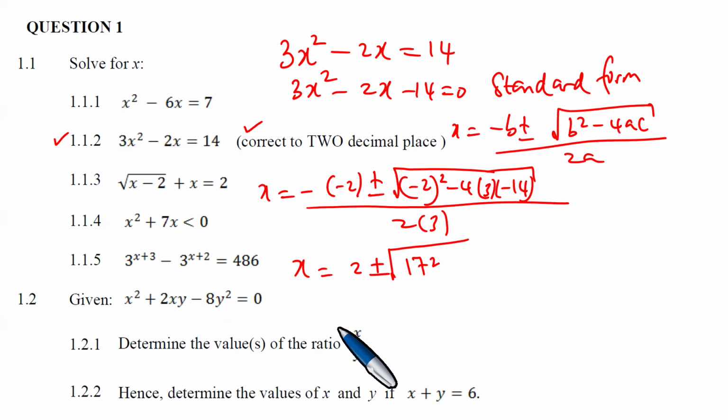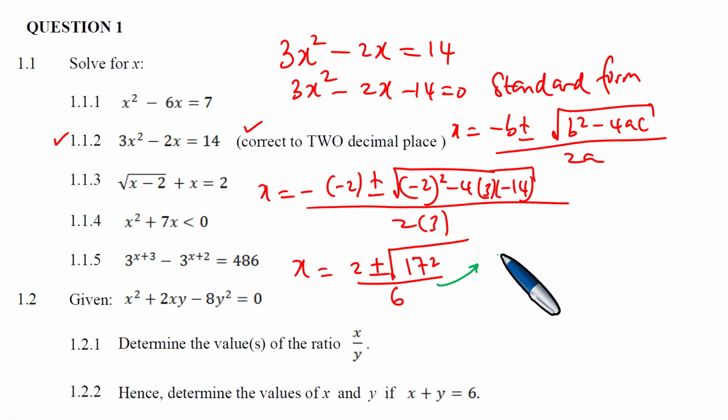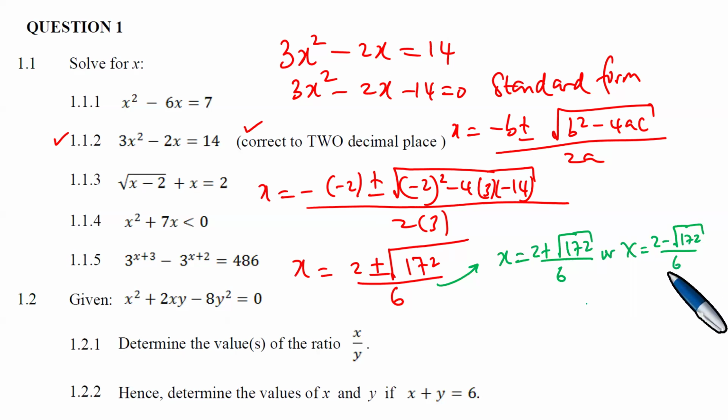We have 4 times 3 times 14, which gives 172, all divided by 2 times 3, which is 6. You're able to see, therefore, that x is 2 plus the square root of 172 over 6, or x equals 2 minus the square root of 172 over 6.